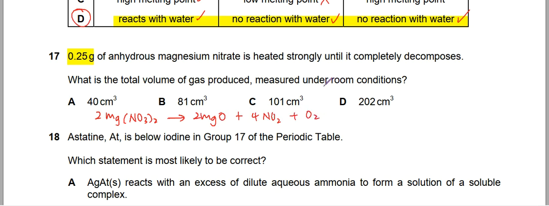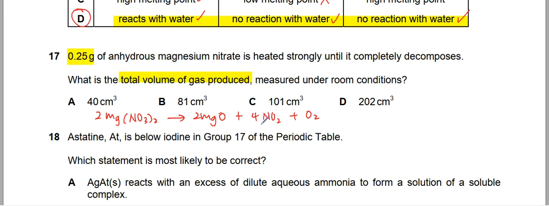In the question they're asking about the total volume of gas produced.